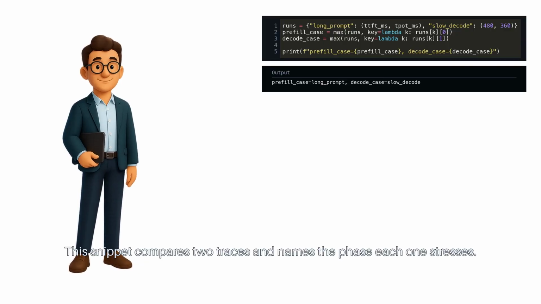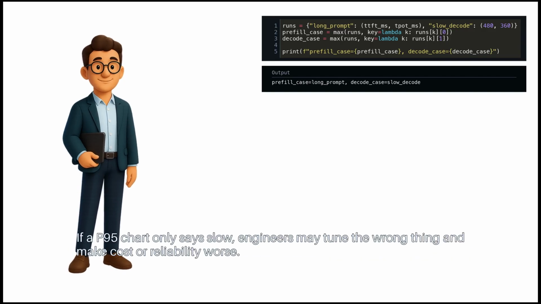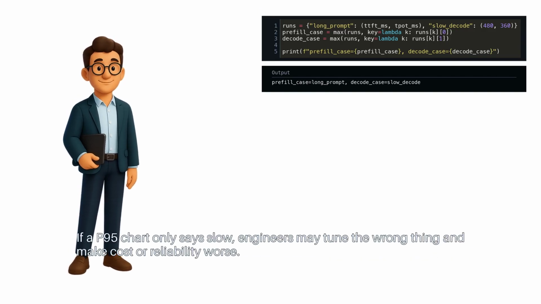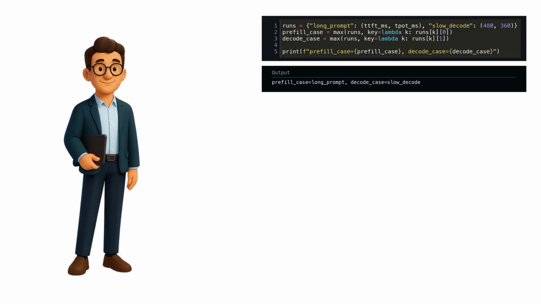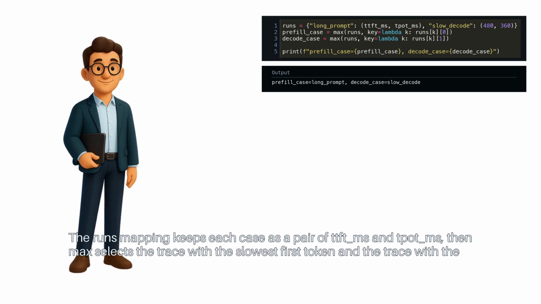This snippet compares two traces and names the phase each one stresses. If a P95 chart only says slow, engineers may tune the wrong thing and make cost or reliability worse. The runs mapping keeps each case as a pair of TTFT-MS and TPOT-MS.